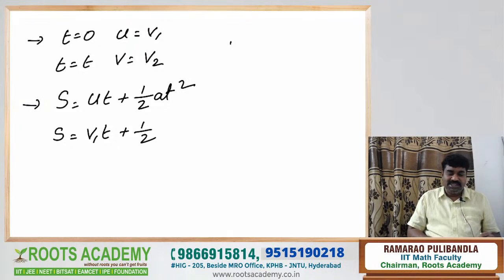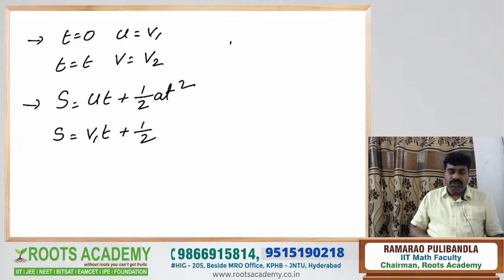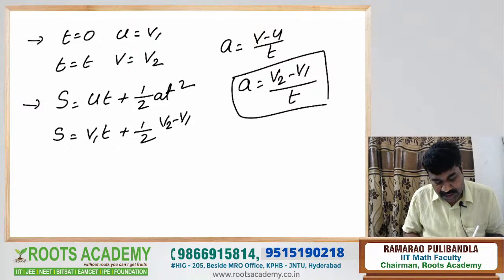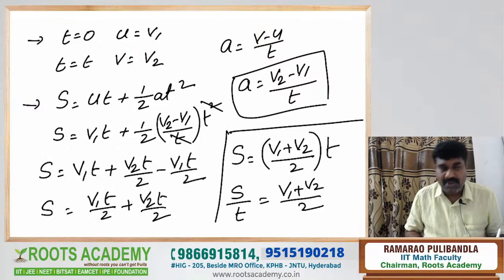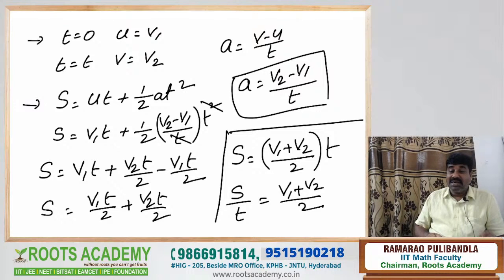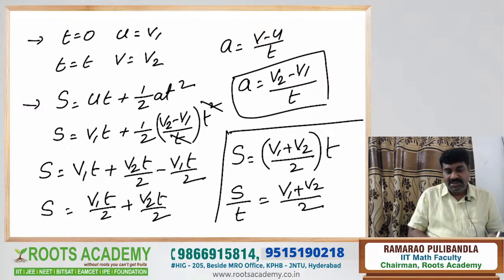Total displacement by time is nothing but (v1 plus v2) by 2. But total displacement by time is nothing but average velocity.